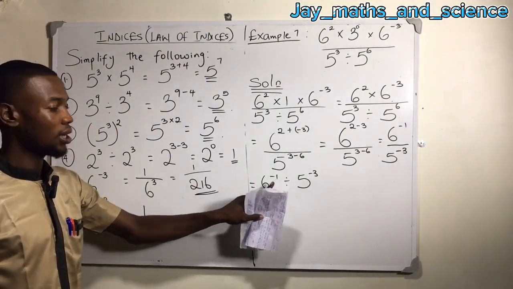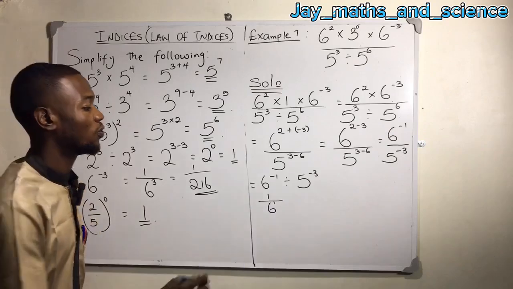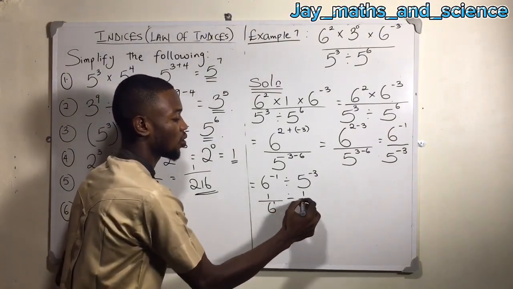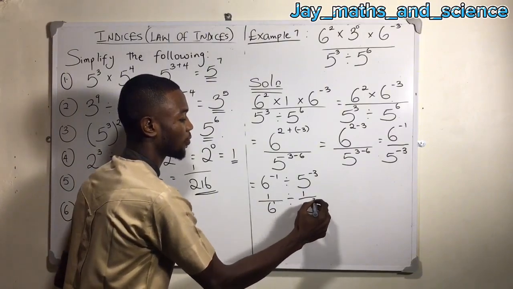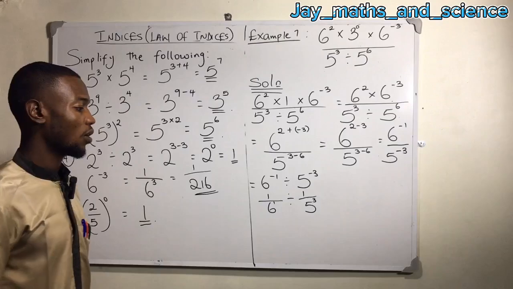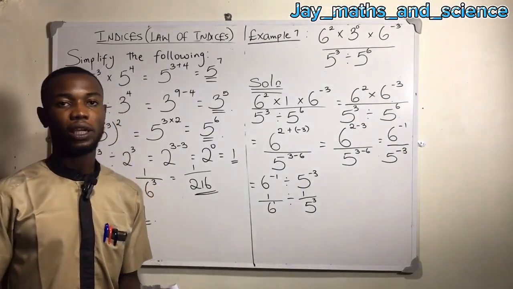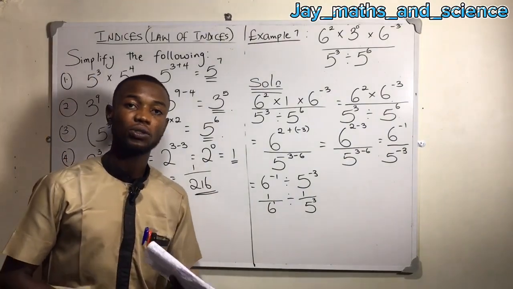That's this one here. This minus is the one that's 1 over. Then you have it to be divided by, this one can be written as 1 over 5 raised to the power of 3.